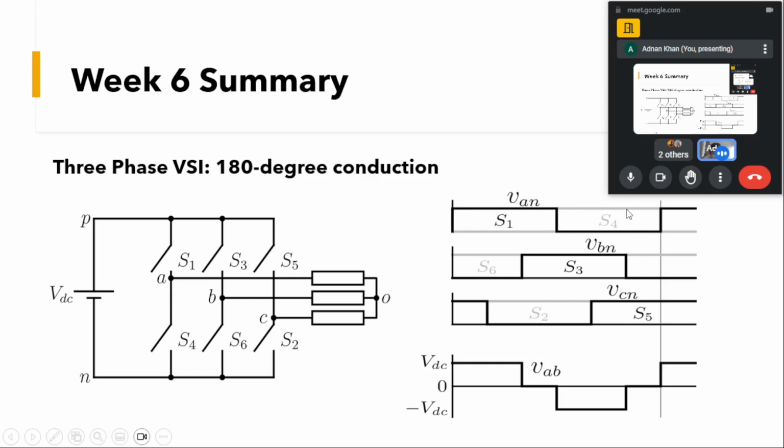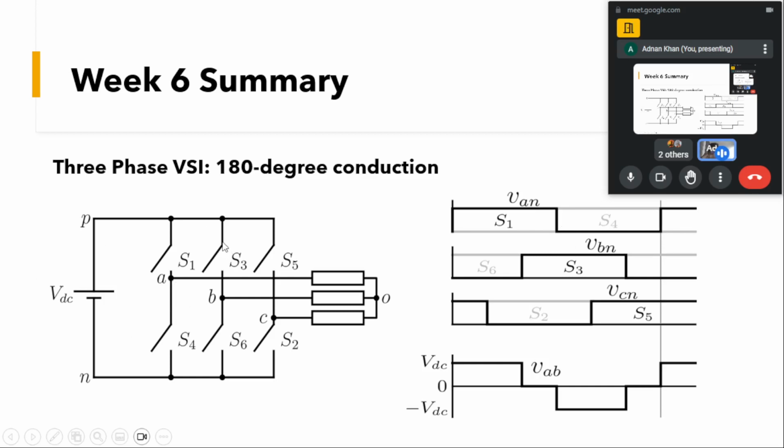You can see here S4 is represented by the gray one, and S1 by the black one. When S1 is on, VAN will be equal to VDC. And when S4 is on, VAN will be equal to 0.